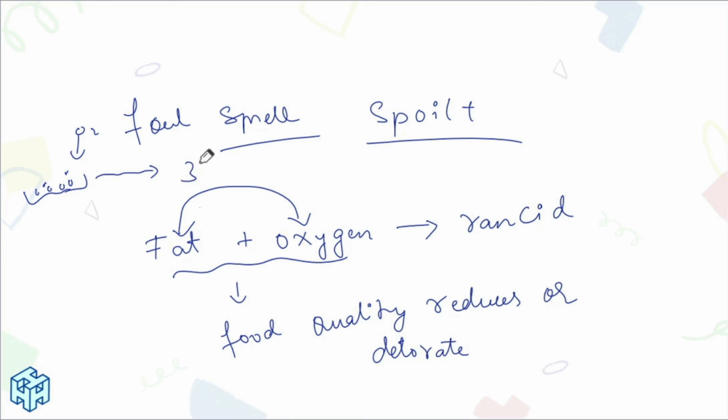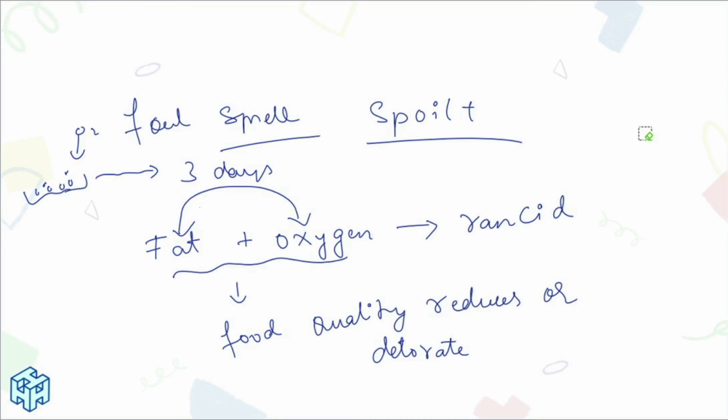After 3 to 4 days, I get a very foul smell, because the fat converts into a fatty acid, which is rancid, or it converts into rancid food. Okay, did you get it?